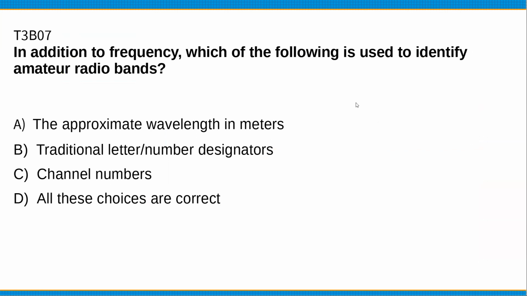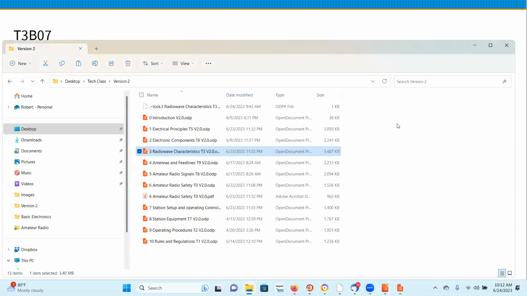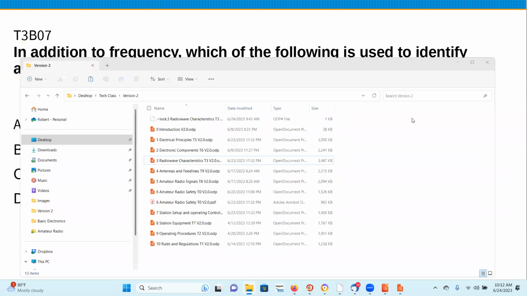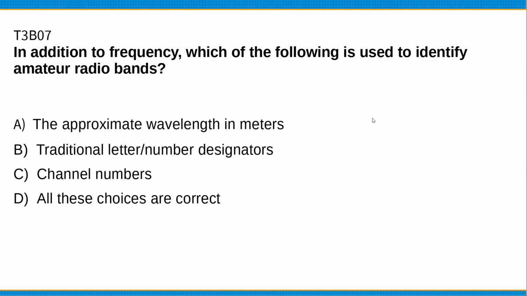Okay, in addition to frequency, which of the following is used to identify amateur radio bands? Okay, we didn't talk about the other two, so I'm going to guess. Uh-oh, clicked on the wrong spot.